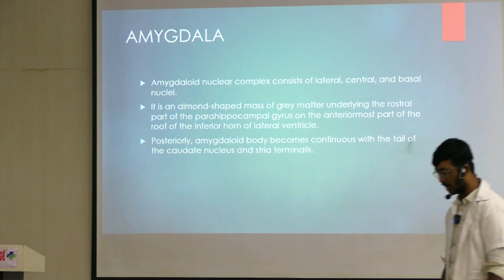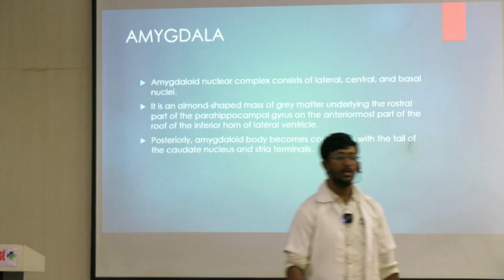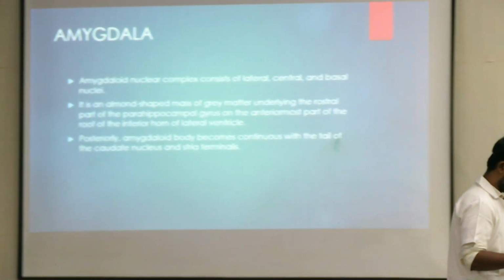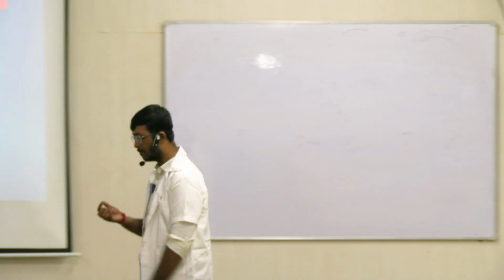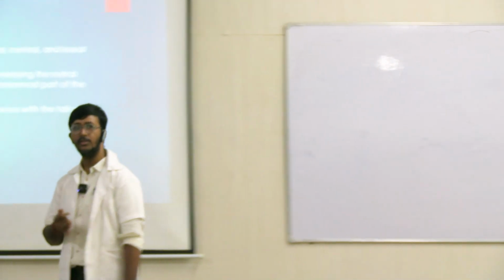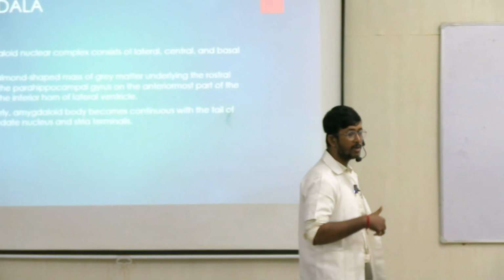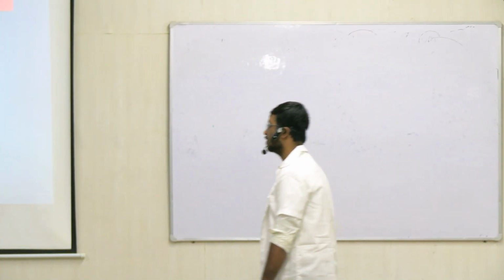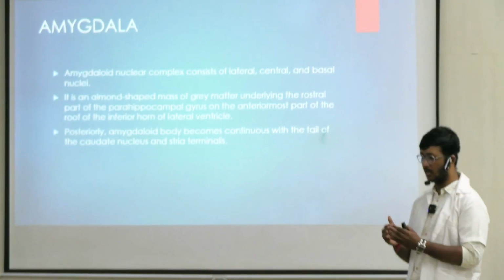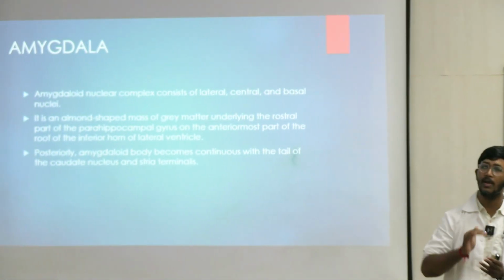Basically amygdala is associated with your sexual activities. So some part of it is associated with your sexual activities. So if the amygdala is injured, that person will be suffering from hypersexuality. Okay, hypersexuality is also a disease. So this feature is controlled by your amygdala.